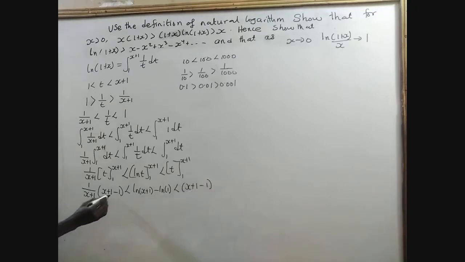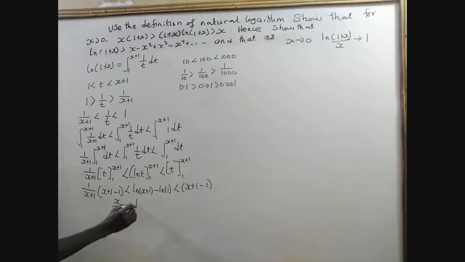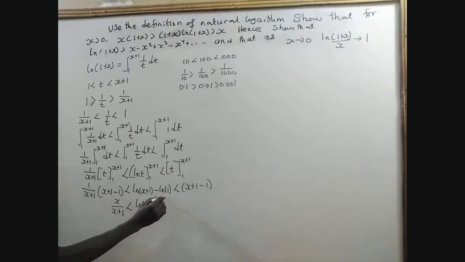So we are going to have here 1 minus 1 is 0. So you have x divided by x plus 1, that is, x times 1 gives us x, less than natural log of x plus 1, for natural log of 1 is 0, which is less than x, since 1 minus 1 is 0.